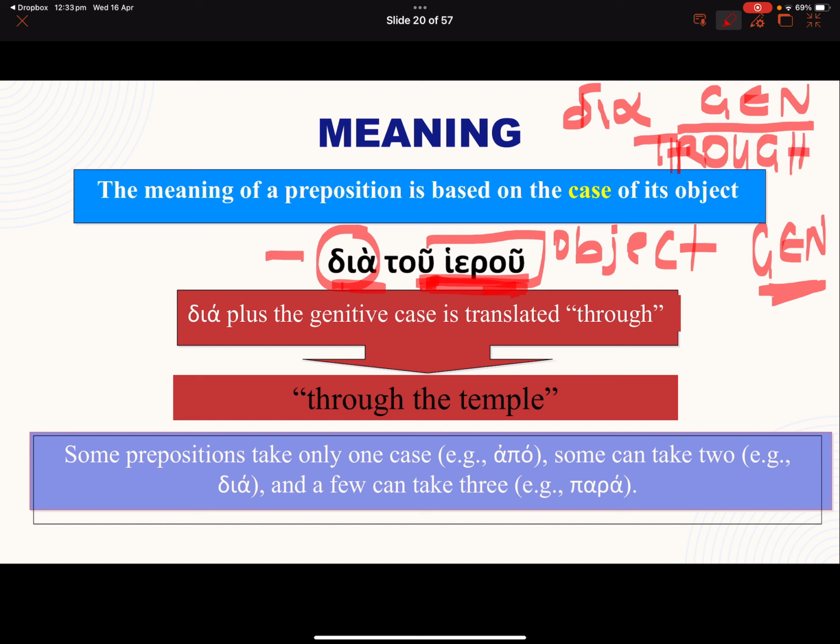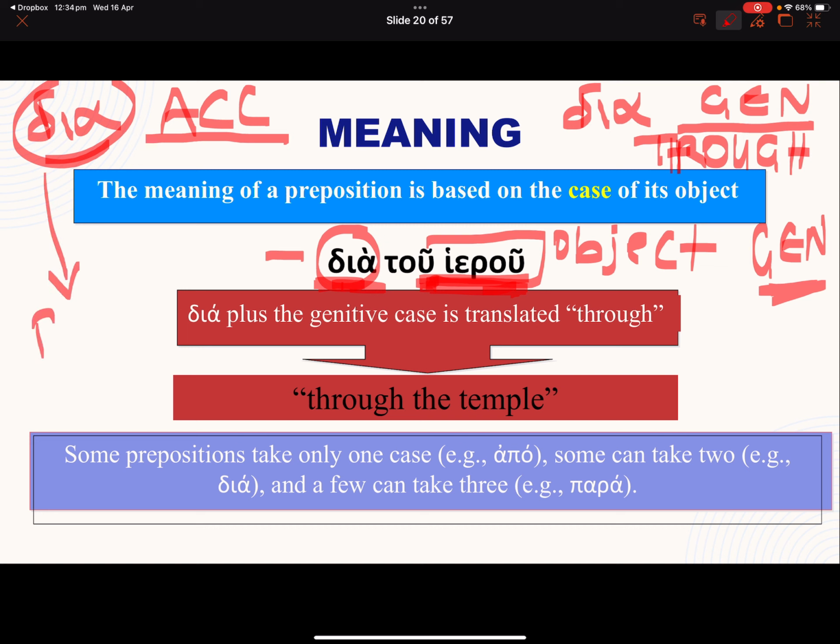However, if I was to change this sentence and put tu hieru into the accusative case, then the meaning of dia would change, because dia followed by something in the accusative case means because of, usually.